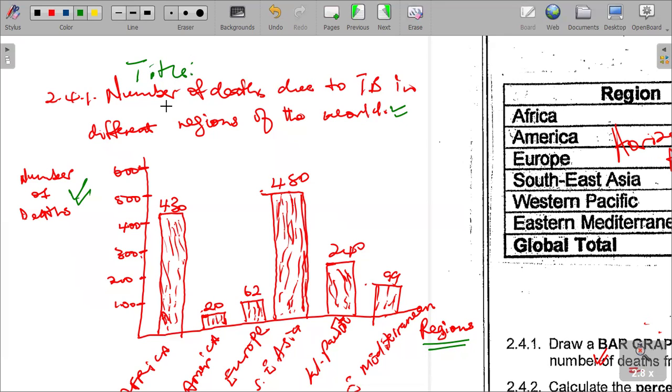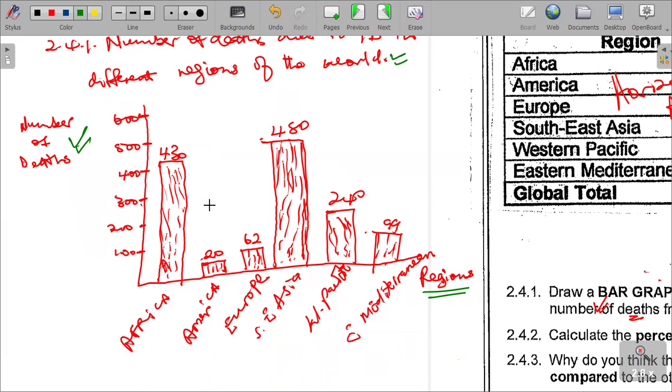Number of deaths due to TB in different regions of the world. That is the title. So when you are going to mark my graph, you won't be struggling to say, is this correct? I am showing you the readings of each bar.